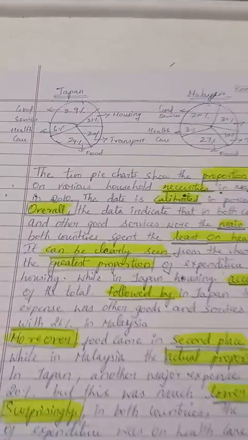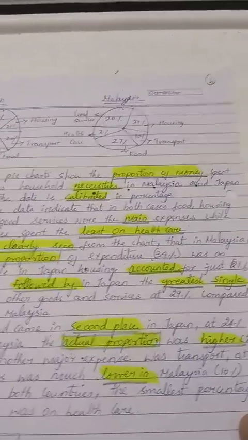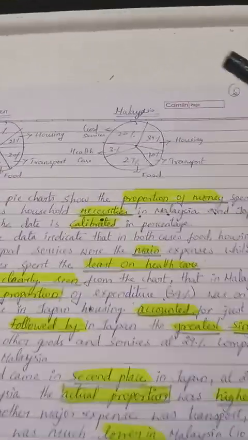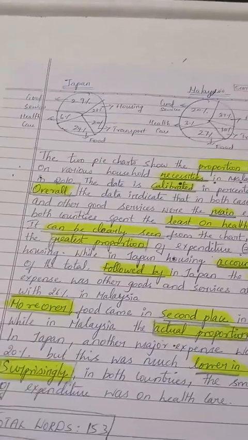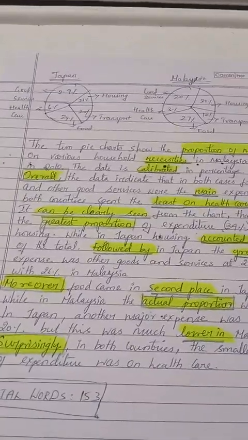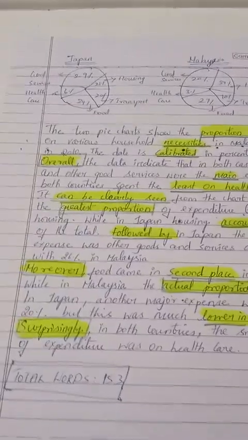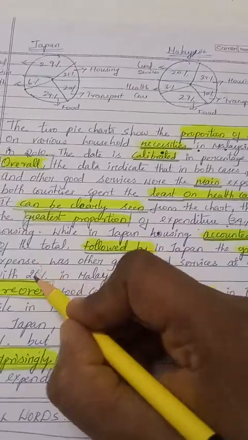Followed by that, in Japan the greatest single expense was goods and services, at 29%, compared with Malaysia, where goods and services were 20%.